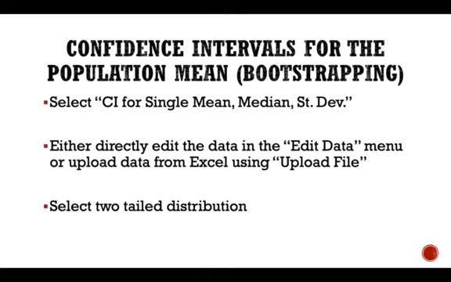The data set is going to be the entire sample that I create. So because of this, we typically don't want to have to enter this in manually. And we're going to see here that we can go to the Edit Data button and either just copy and paste or upload the file directly from Excel.